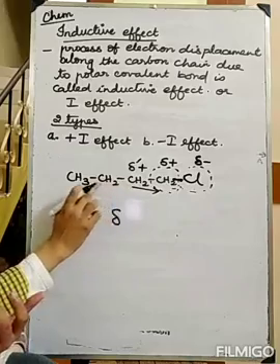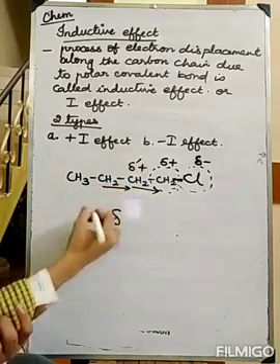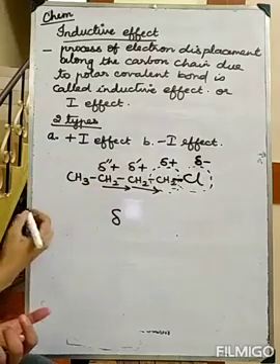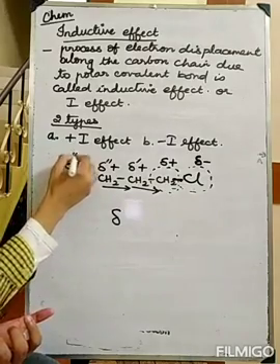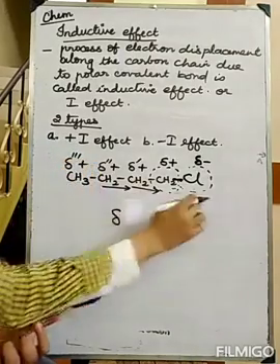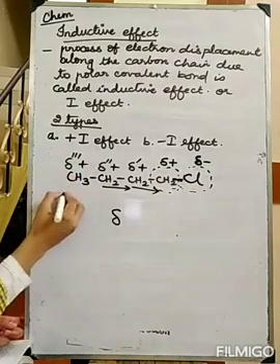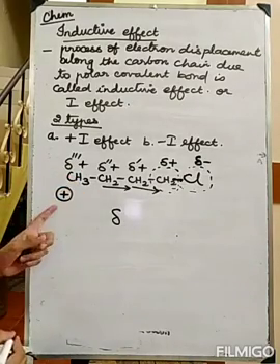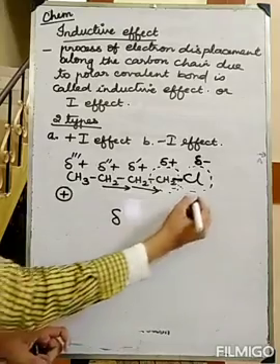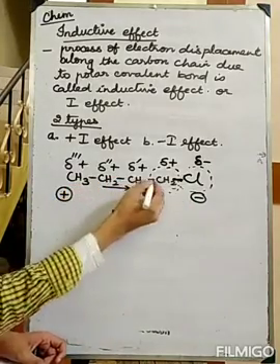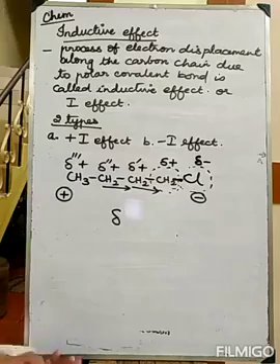Again this carbon will try to attract the electrons from the next carbon, so this will get another positive charge. As a result, one end of the carbon chain has positive charge, another end has negative charge, and this bond is called a polar covalent bond.